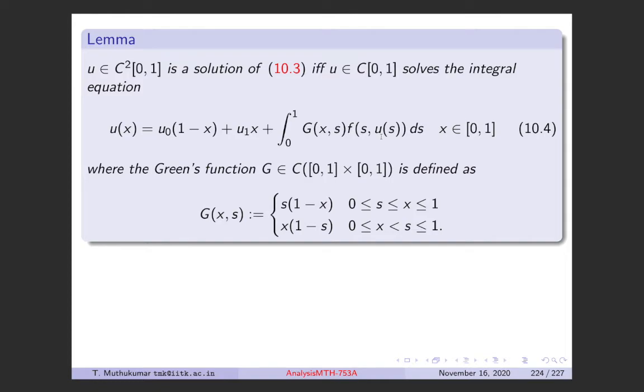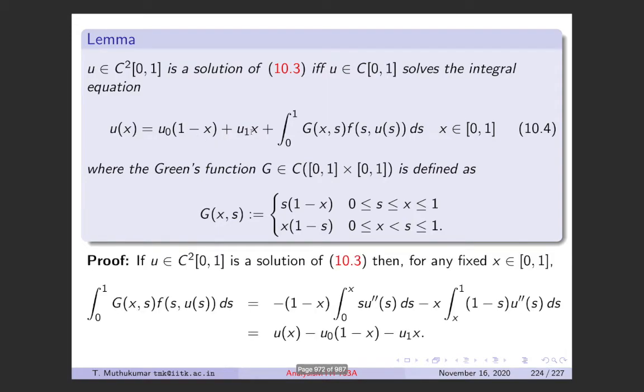We defined a map, and then we obtained the solution as a fixed point of that map. We are going to do the same thing here. We define a map T, and any fixed point of that T will be a solution, because TU is equal to U. So that's a fixed point, where TU is this RHS.